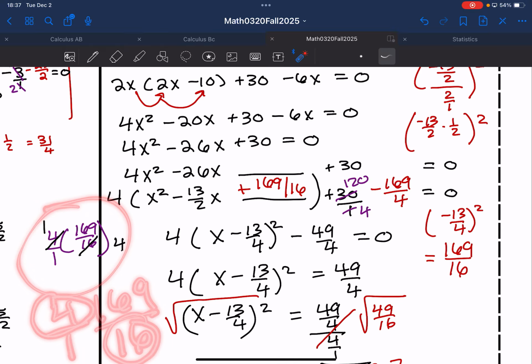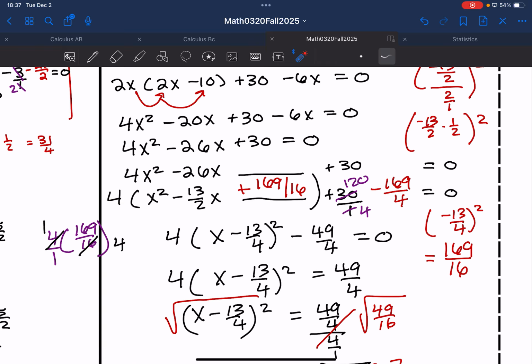So you have to go fraction by fraction, right? You can't simplify 4 over 1. You can't simplify 169 over 16. Correct. So you go to your diagonals. You can simplify 4 over 16. Correct. Which gives us 1 over 4. From there we continue. Yes, so then we're at this part here.